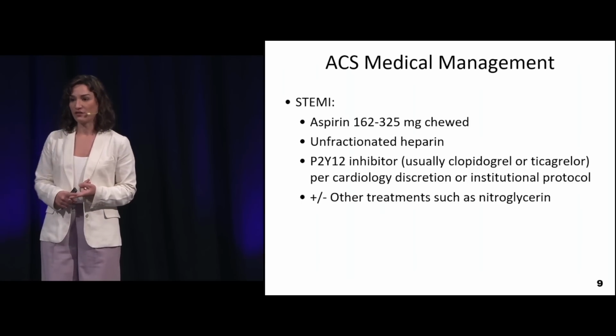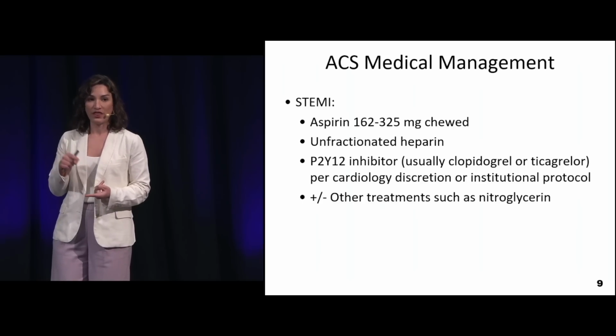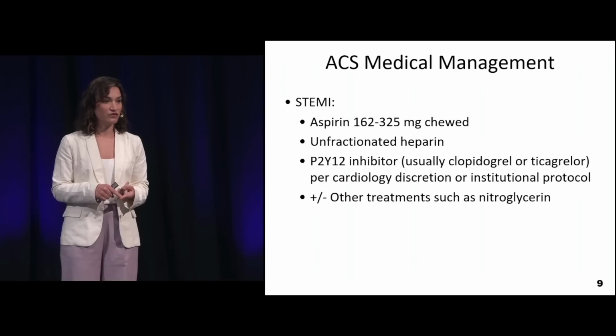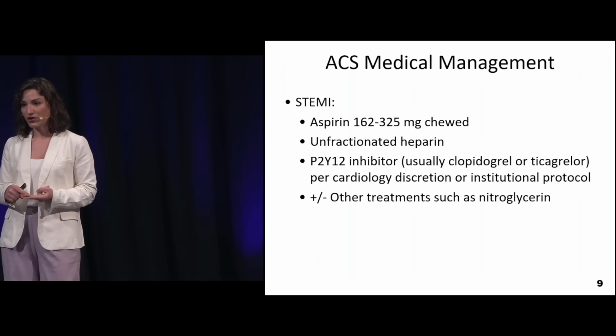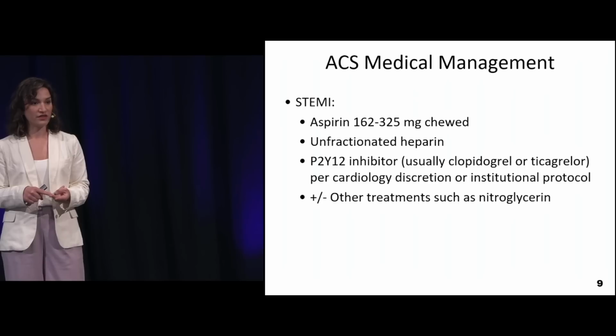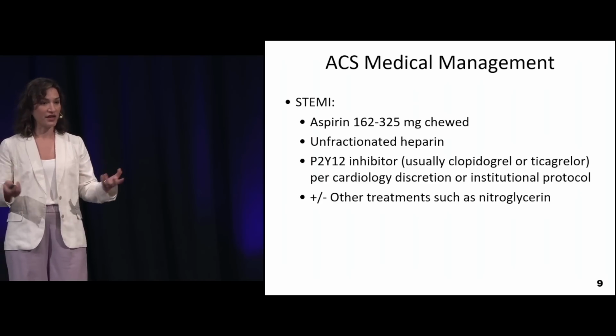So of course, aspirin. That has been shown to have a mortality benefit, and the number needed to treat, I think, is 42. So that is something you're definitely going to do for your patients. Aspirin, aspirin, aspirin. You're going to start them on unfractionated heparin, usually, especially if they're going to go to the cath lab. And then in discussion with your cardiology team, of course, some kind of other antiplatelet.